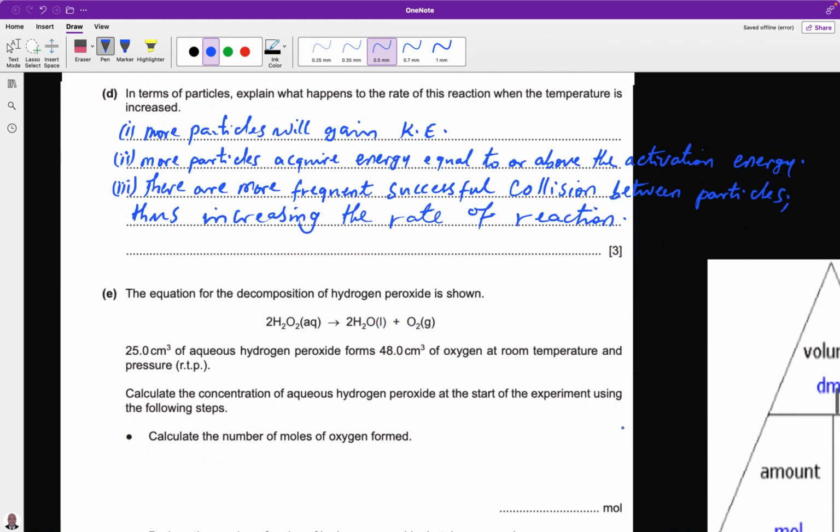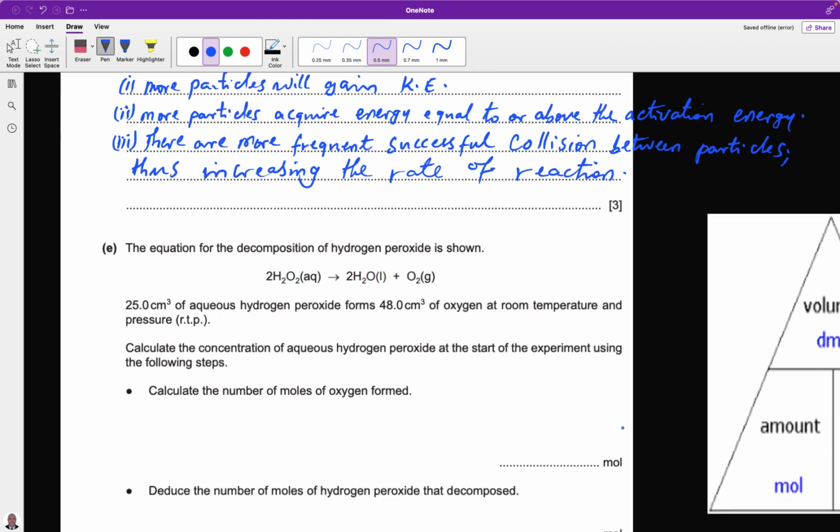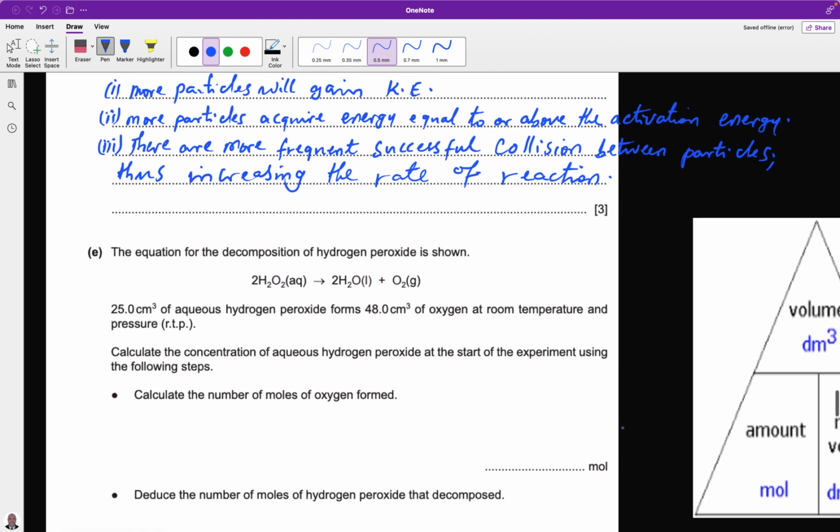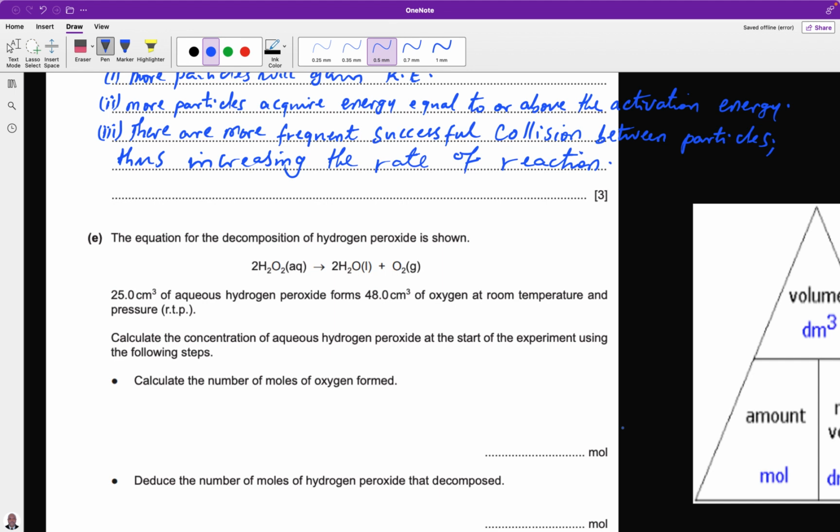Let's go to the E part of it. The E part of it has to do with calculation again. It is written, the equation for the decomposition of hydrogen peroxide is shown. 250 cm cube of aqueous hydrogen peroxide forms 48 cm cube of oxygen at room temperature and pressure.